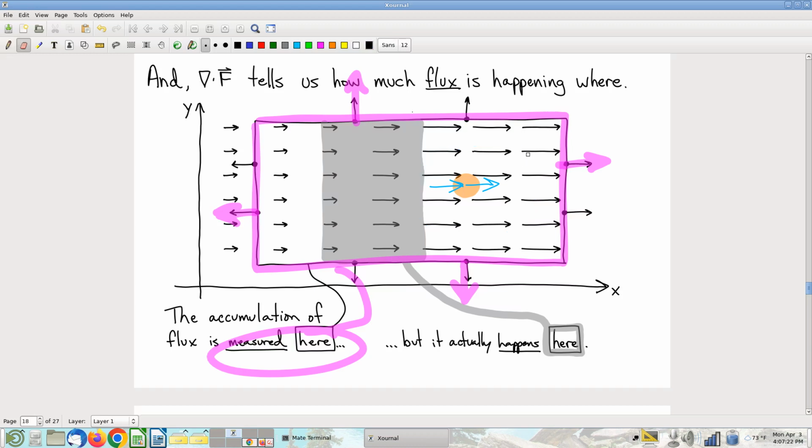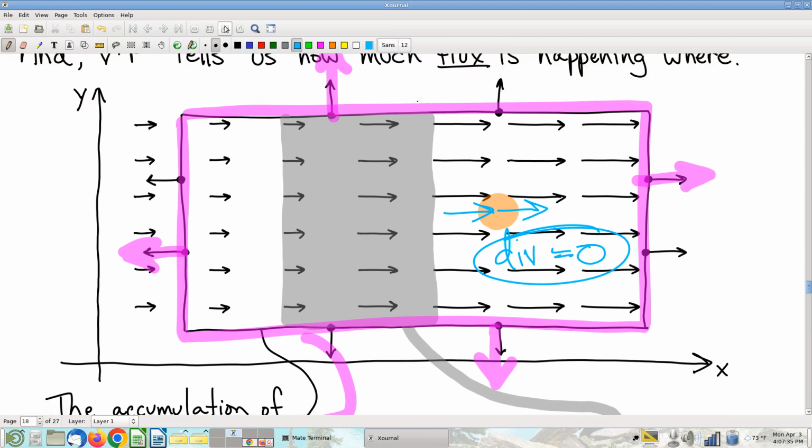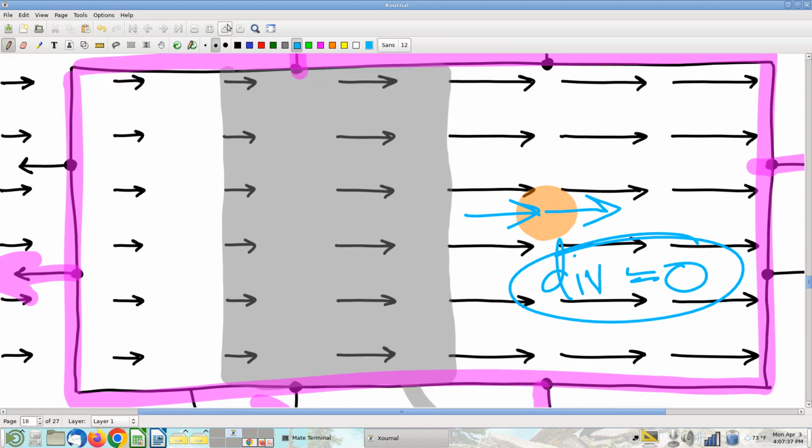This would be evidenced by the fact that if you were to compute the divergence in this region, you would find that divergence there is 0. Now I've got to zoom in so we can see better here. But what about in a region like this? Notice the vector field is not constant in this dark gray region. As I move from left to right, those field vectors are getting longer.